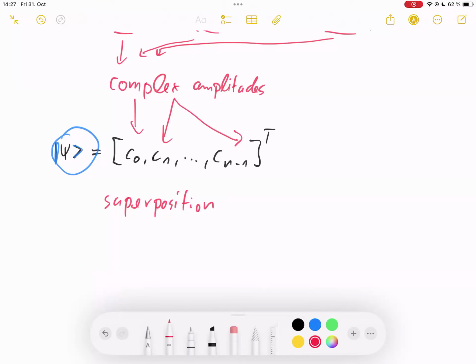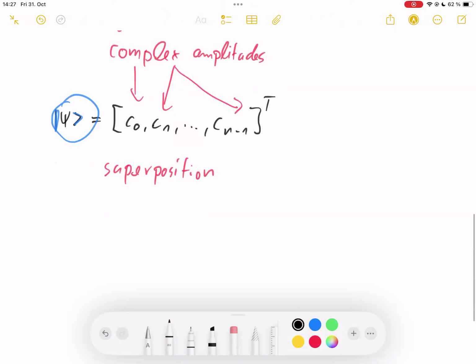But we also have these probabilities, and what are they helpful for? What we actually want is, when we observe our particle, so when we do a so-called measurement, to know the probability of finding the particle in one of these positions, x0 up to xn minus 1. But this only happens after measurement. What we want to compute is finally a probability p of xi: what's the probability of finding the particle at a certain position after doing the measurement?